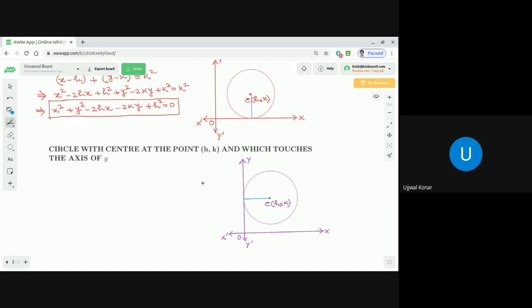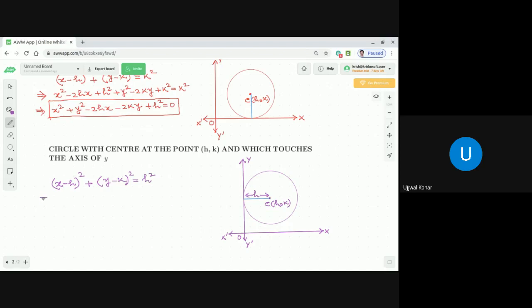So what is the equation of that circle? What we can write here, dear students, is something like this. As the center is at the point h comma k, the equation of the circle will be x minus h whole square plus y minus k whole square is equal to h square, because this radius is h.